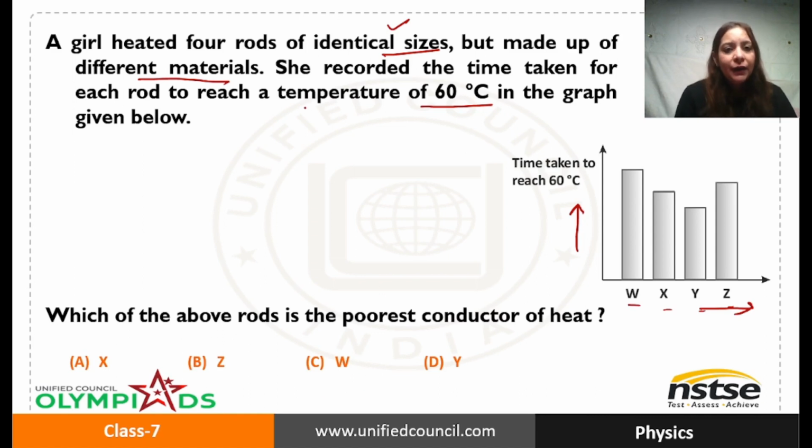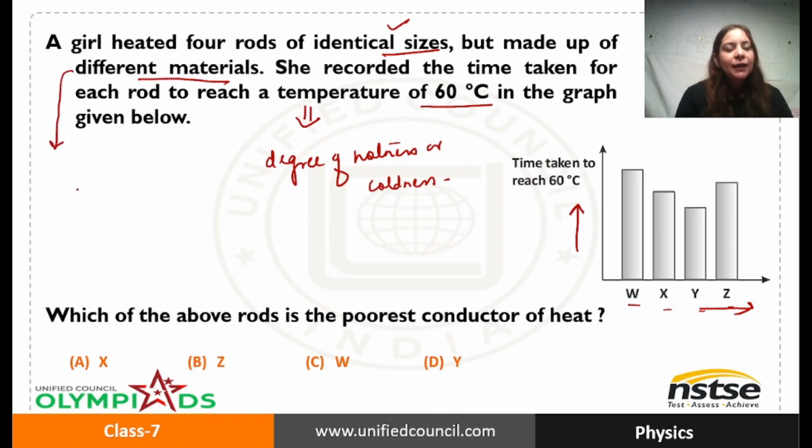Now, we have already discussed that temperature is basically a degree of hotness or coldness. It measures the degree of hotness or coldness. And we also know that different materials have different heat conductivity, or you can say different thermal conductivity.